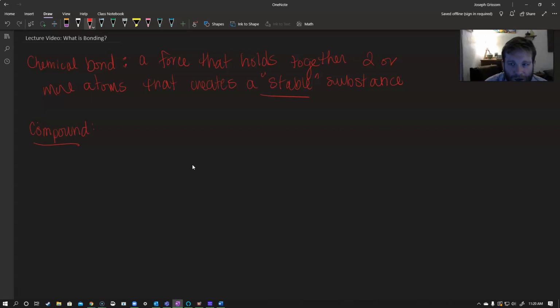So when we're talking about making new things, we're going to be using a few different terms, right? One of them is compound, the other one we might be using is molecule. And we'll talk about when it's appropriate to use those terms. But basically a compound is a substance, and by substance that can be solid, liquid, gas, something metal, whatever, a substance that's made up of combining two or more different elements.